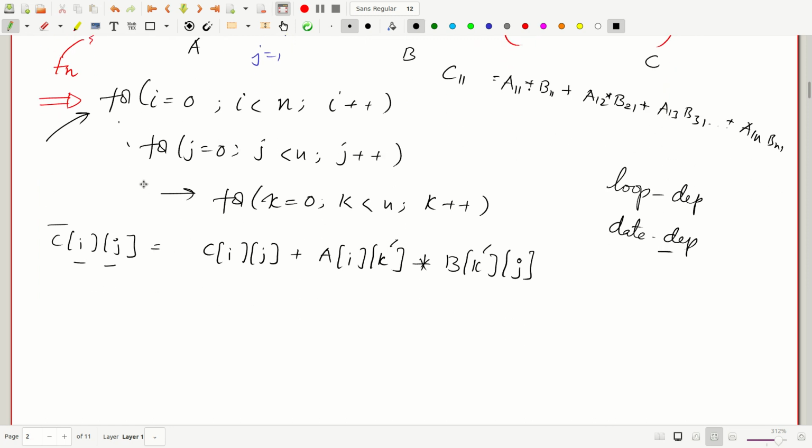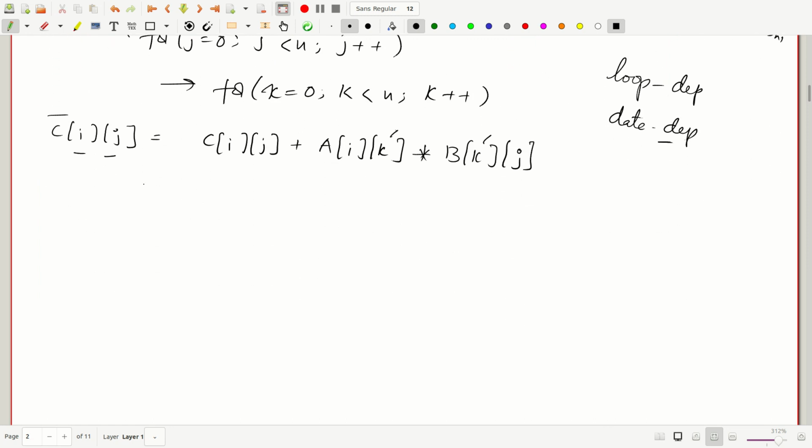That means if I were to write my program, I would write hash pragma OpenMP parallel, and then parallel for, so I basically have 2 pragmas.